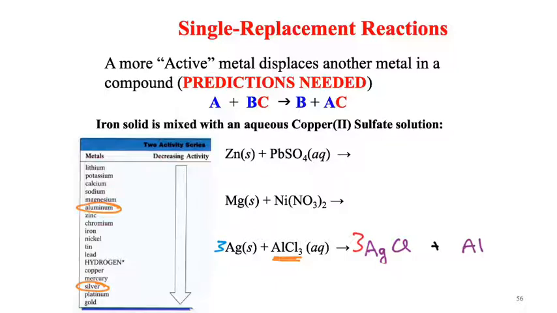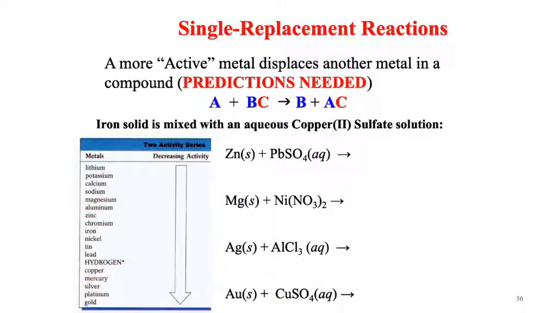Anybody notice anything interesting about the activity series, in particular the bottom of the activity series? Bottom? Gold? Platinum? Silver? What can you tell me about those? Let's try that again. What are they? The most valuable.